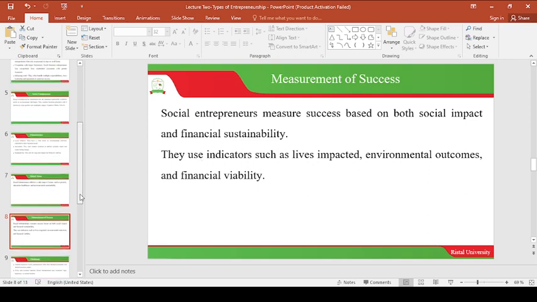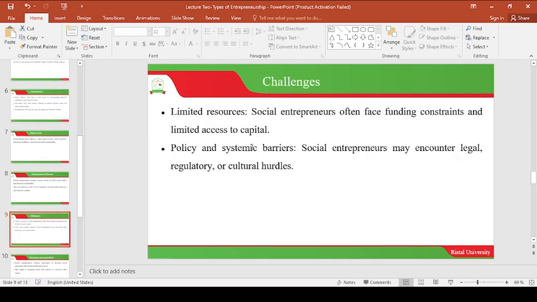Now, the next slide, I want us to look at challenges facing social entrepreneurs. Just like small scale businesses, social entrepreneurs are also faced by the challenge of limited resources. For example, at Rest University, the fund we have is the tuition collection. That is the fund we use, and it is really limited. So sometimes you find students are not paying the money on time.